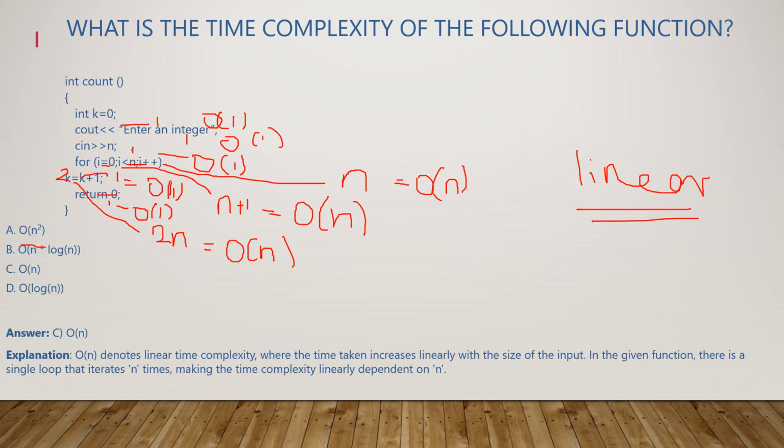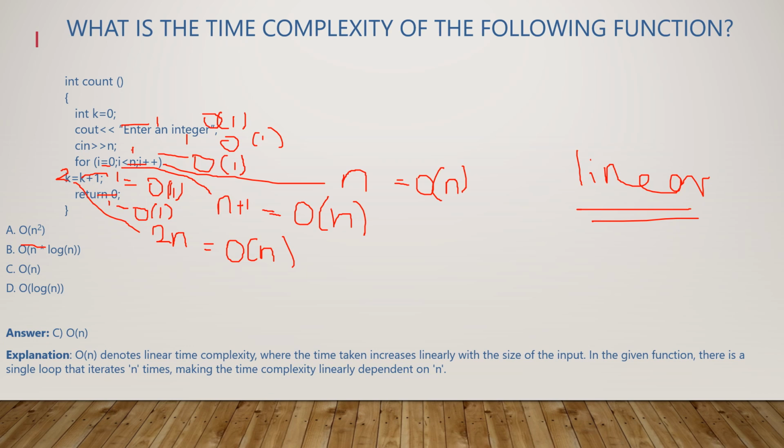And the other options: option A is incorrect. That means O(n^2), this is quadratic. When you analyze, there is nothing to make it quadratic, because this is a single loop iterating n times, where n is the input integer.